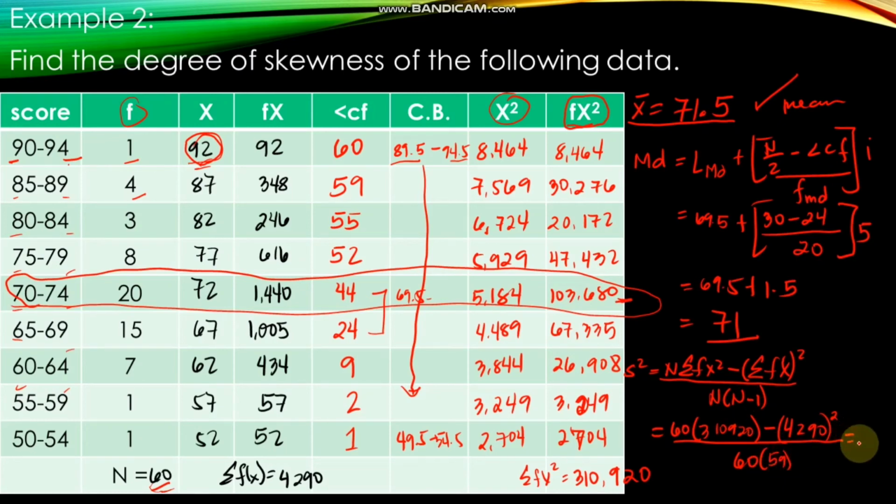So that equals 70.93, that is the value of the variance.